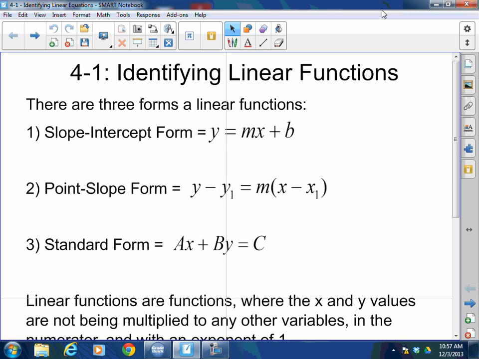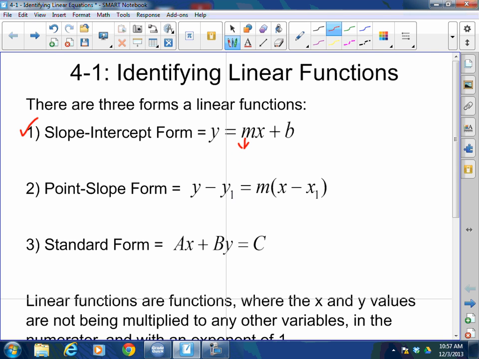The first one is called the slope-intercept form. I will go over all of this in much greater detail when we hit each specific equation, but for now, it's just a general overview.